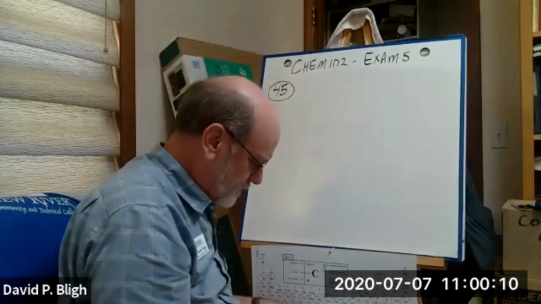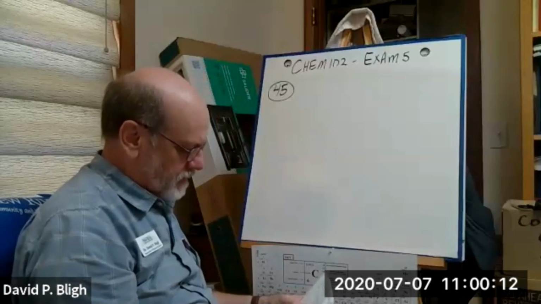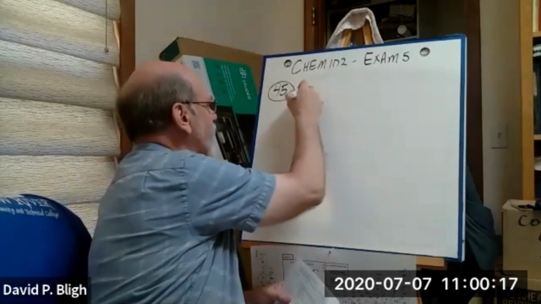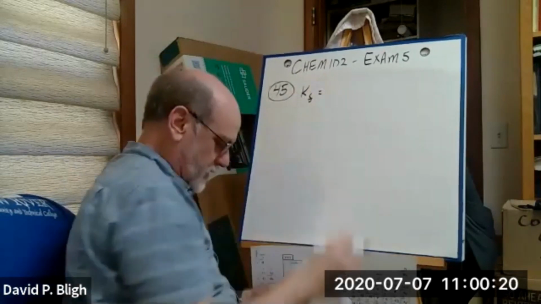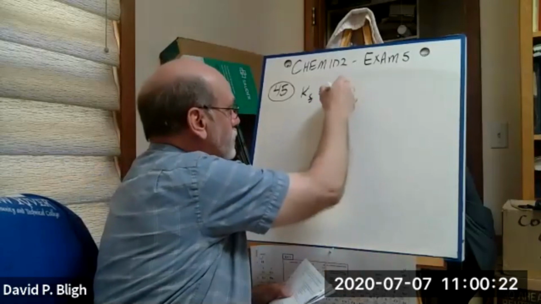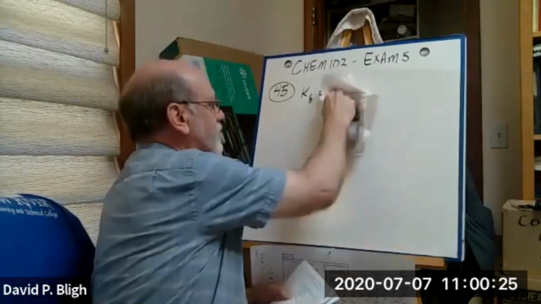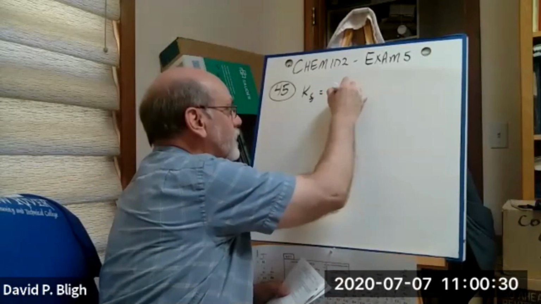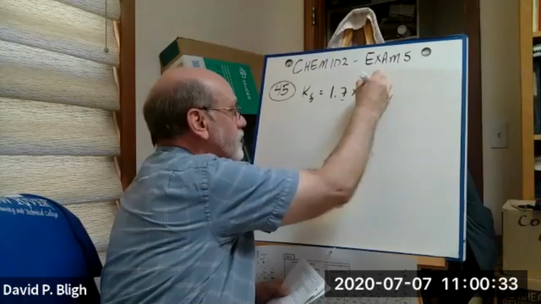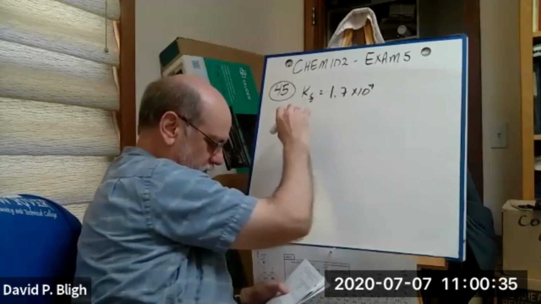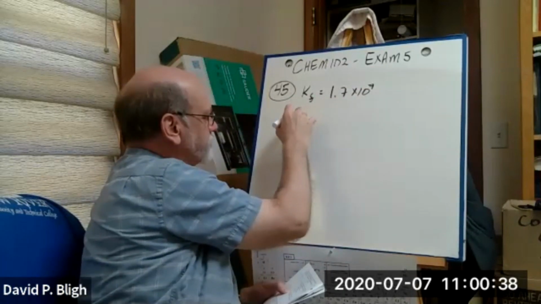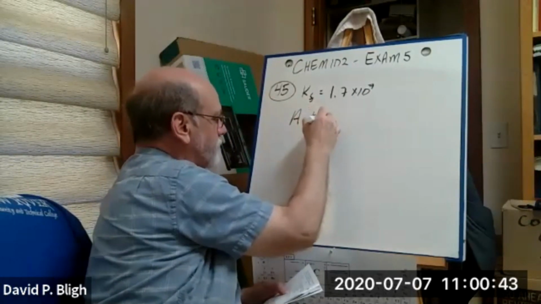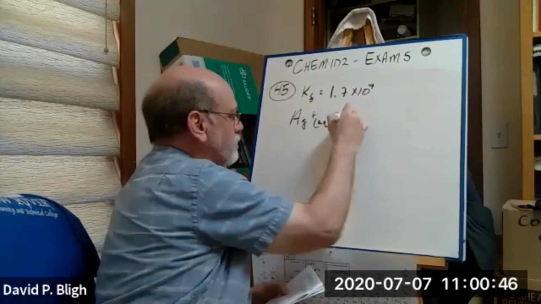Okay, what does 45 say? The Kf for the complex. So the Kf first is this value, silver. Oh, wait a minute. Getting ahead of myself. The Kf is 1.7 times 10 to the 7th for this reaction, where you get silver and ammonia.